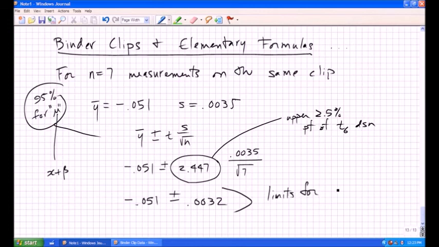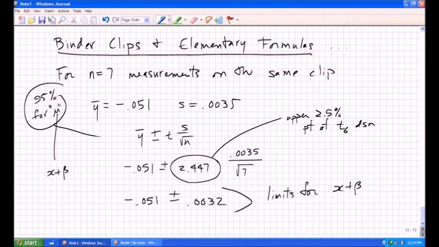for the real size of that single clip plus whatever bias is being made in the measurement of that clip.